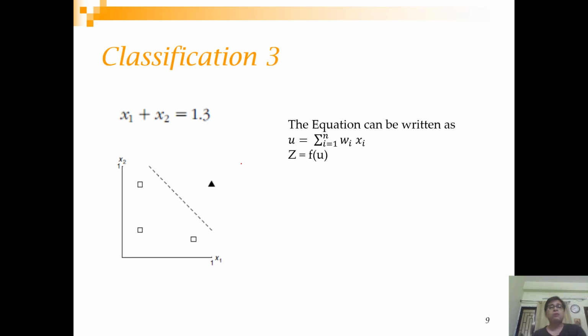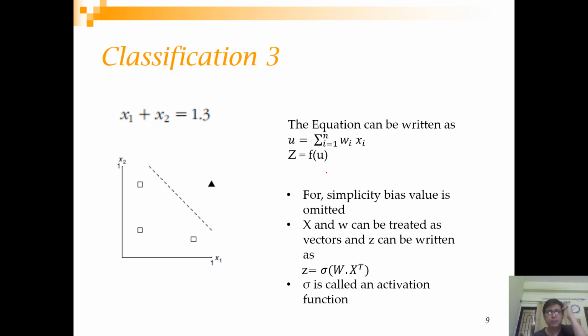Now this equation can be written as u equal to sigma i equal to 1 to n of wi xi, and z is a function of u. For simplicity right now we are omitting the bias value, which can be simply or trivially thought of as another input.